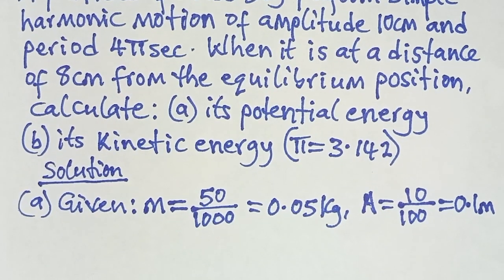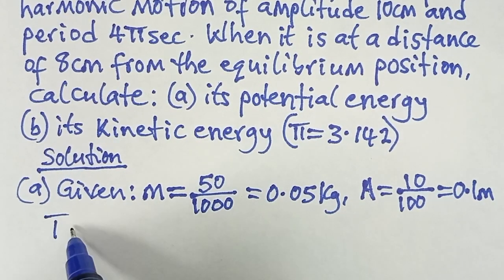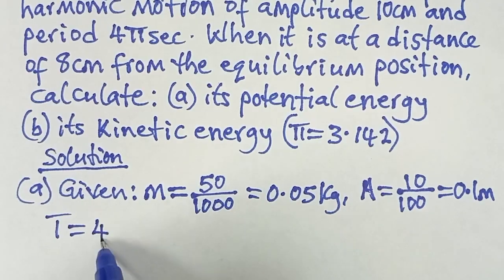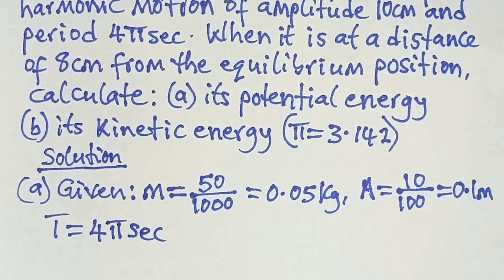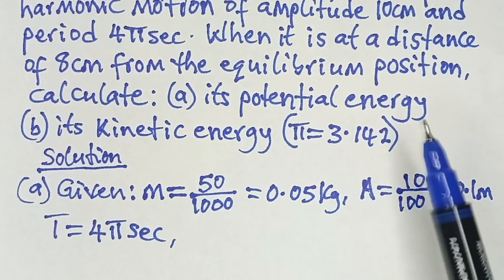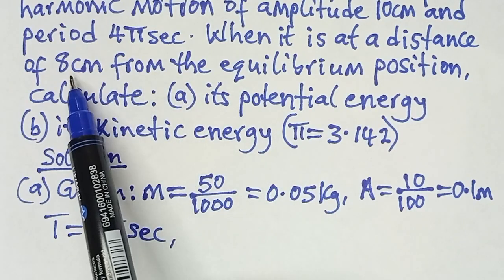What else are we given in the question? We are given the period T. The period is capital letter T, and that is given to us as 4 pi seconds. And then we are also given the distance from the equilibrium position, which is 8 centimeter.